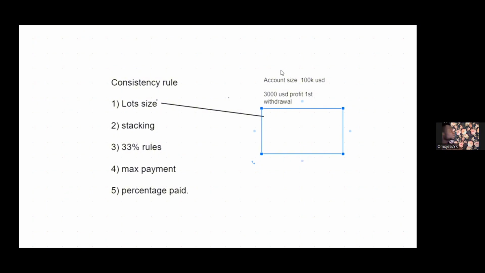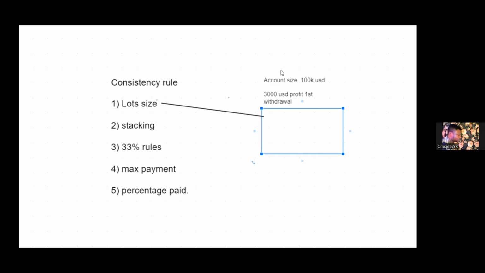In fact, even if you make $10,000 on all those lot sizes, they will not pay you. Your lot size should fall within this range. If you go below, they will not pay you. If you go above, they will not pay you.